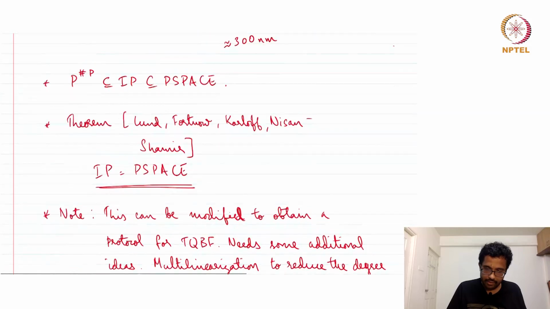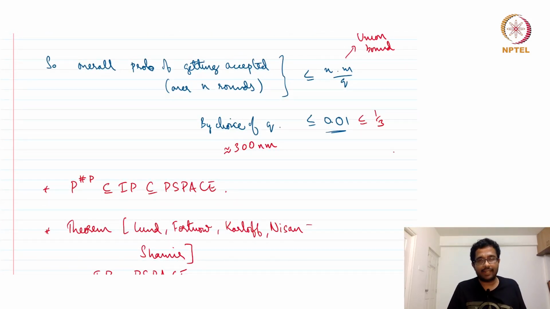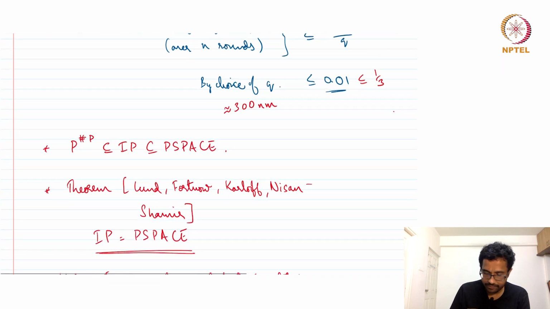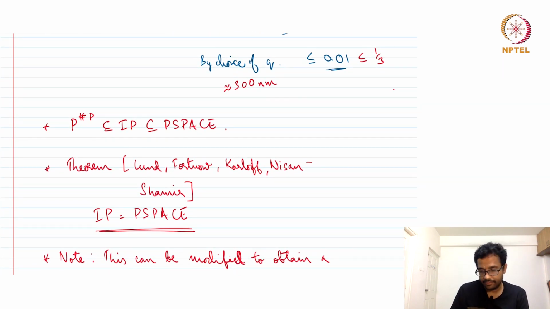Right? And so Sharp 3SAT is a Sharp-P complete language. So this implies that P to the Sharp-P is contained in IP, because Sharp 3SAT is a Sharp-P complete language. And we have already seen that IP is contained in PSPACE in the previous lecture.